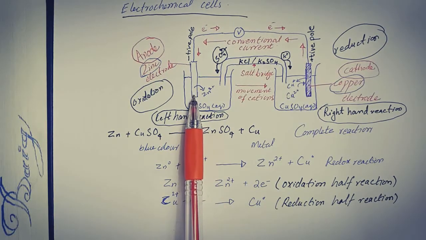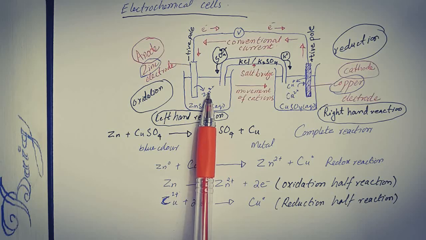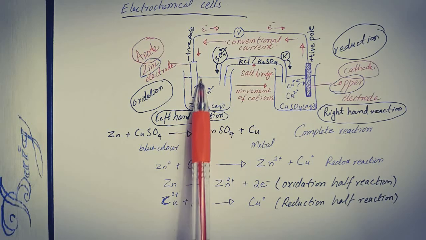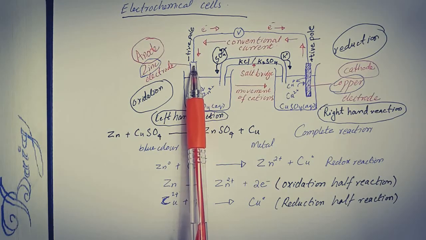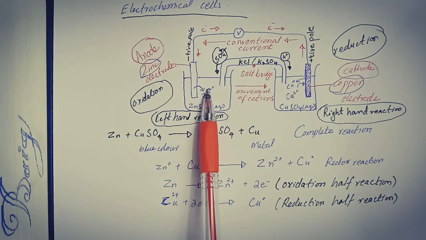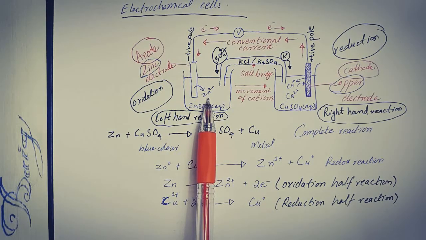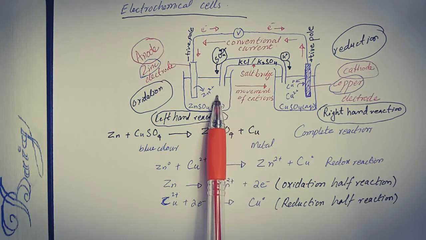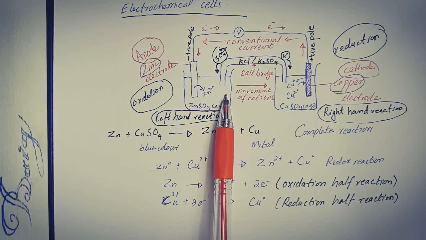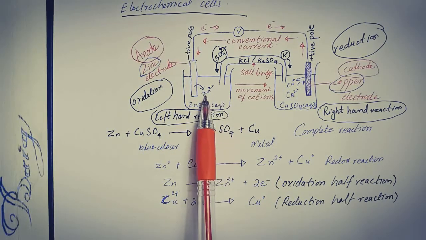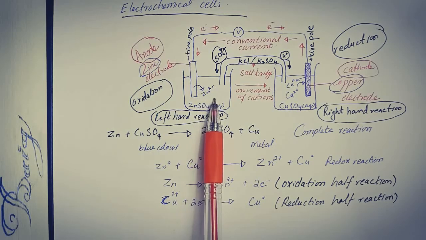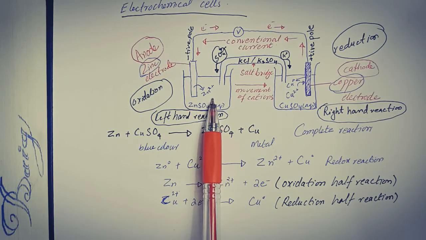The zinc electrode releases zinc ions and the electrons are set free, and the zinc ions become excess in the left beaker, and the sulfate ions from the salt bridge compensate these excess zinc 2 plus ions to make the solution neutral.